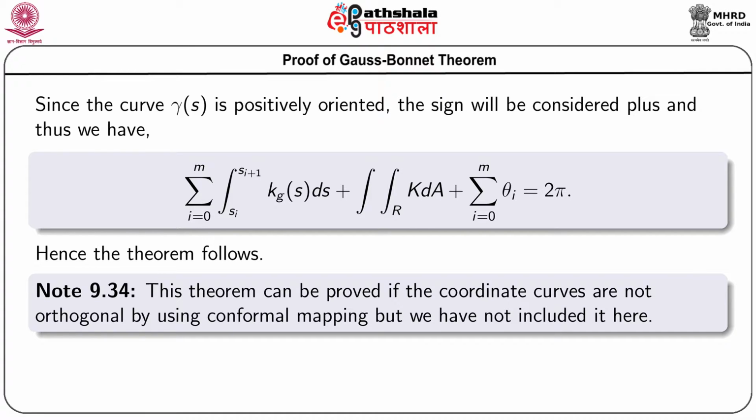Now, this theorem can be proved if the coordinate curves are not orthogonal by using conformal mapping, but we have not included it here. Just now we have seen the proof of the Gauss-Bonnet theorem.